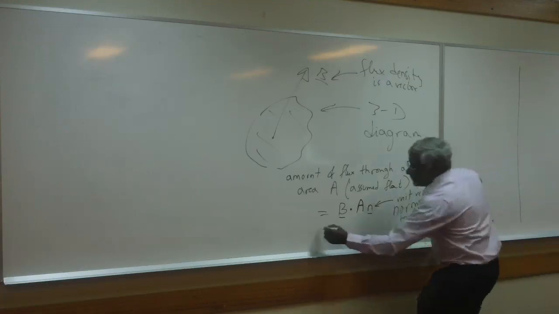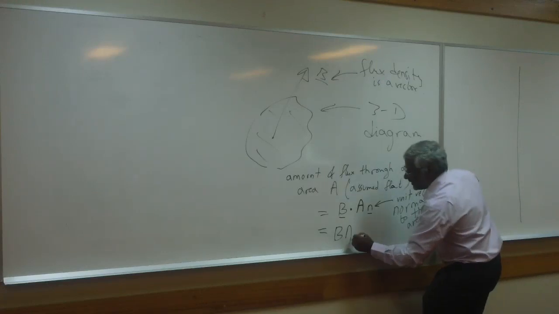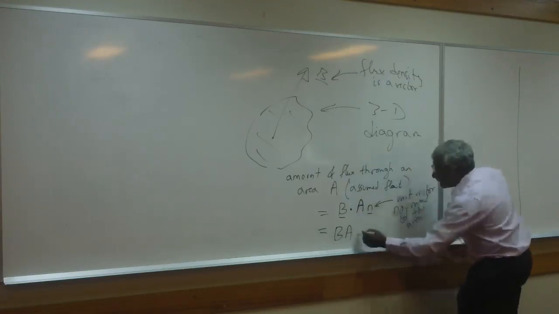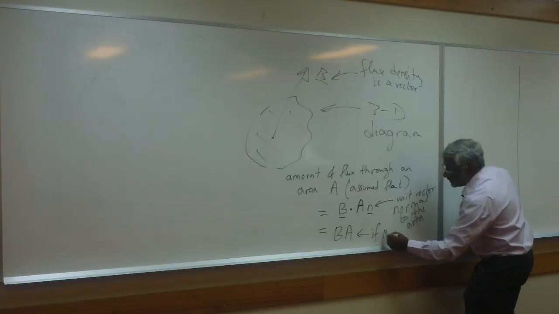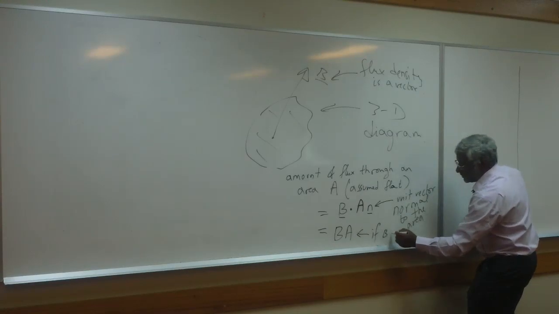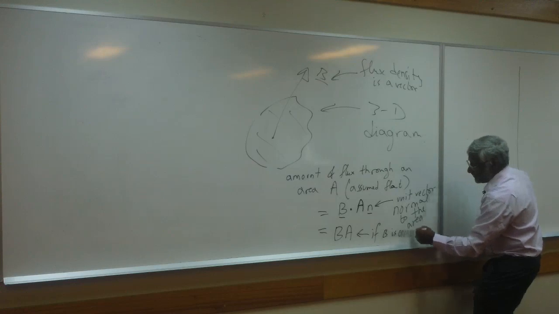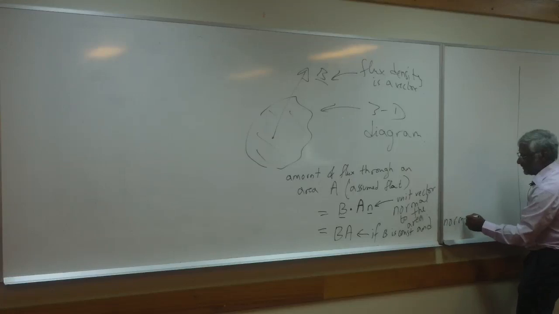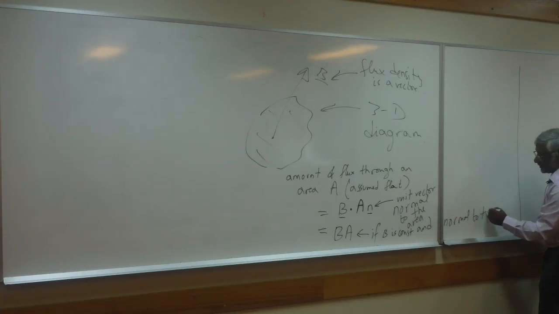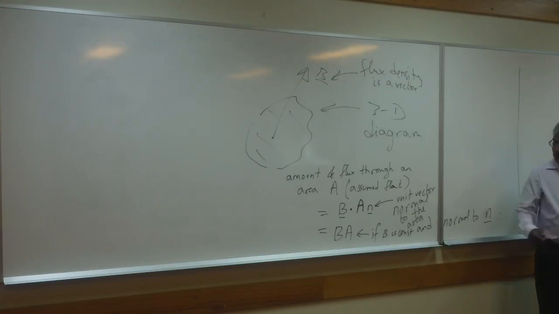And that's equal to BA, B times A, if B is constant and normal to n. Normal means at right angles.